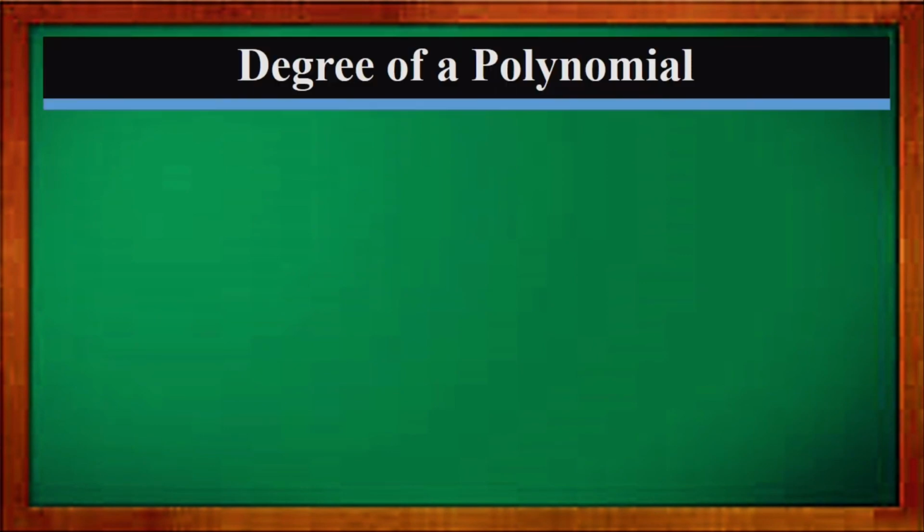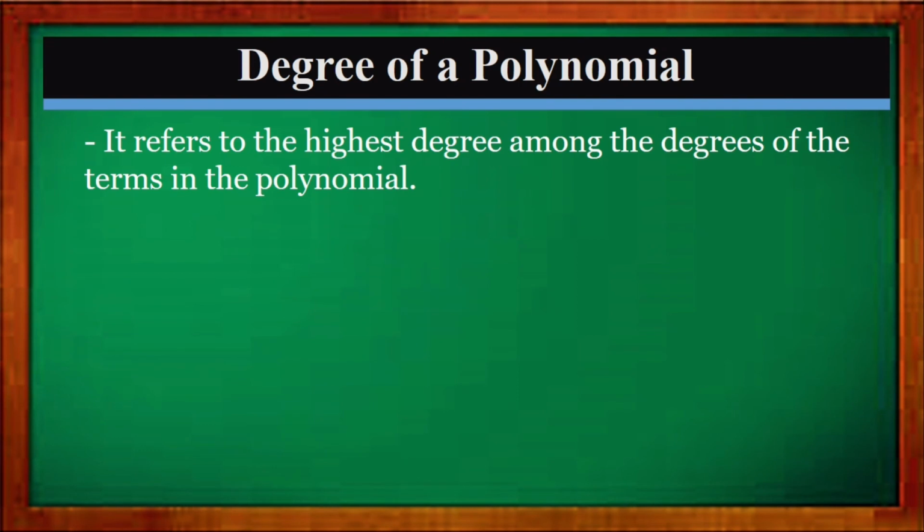So let us now proceed on getting the degree of a polynomial. The degree of a polynomial refers to the highest degree among the degrees of the terms in the polynomial.